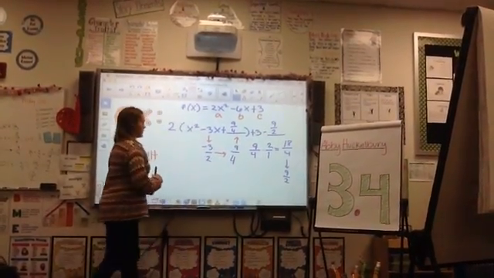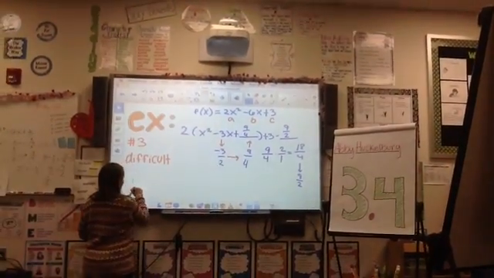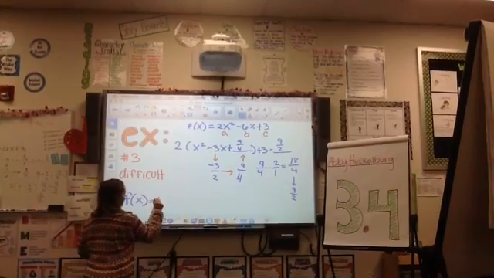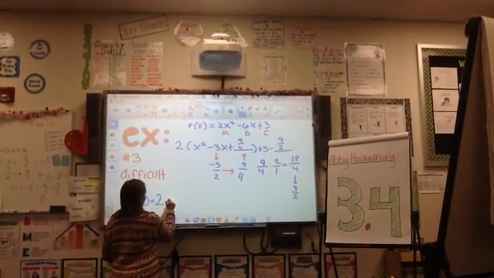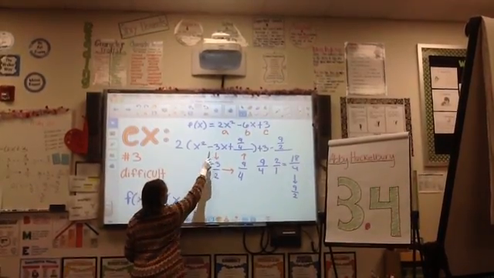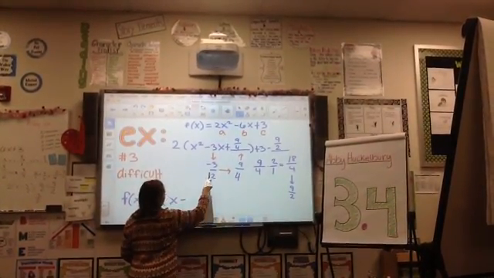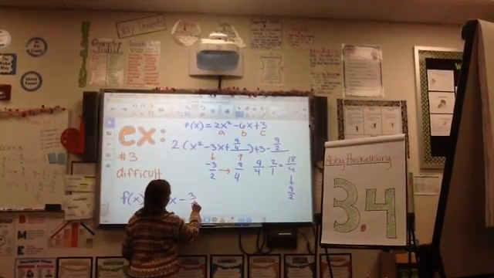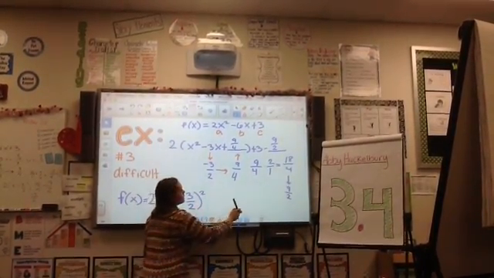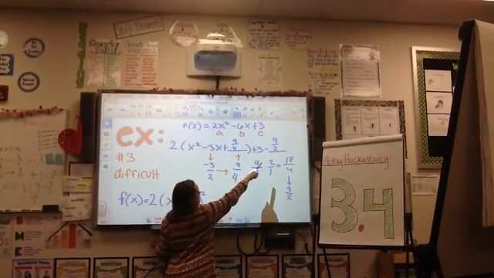Now we're ready to put it into vertex form. You leave the 2 out, take the square root of your first term, the sign from B, and the square root of your third term. Now we need to combine positive 3 and negative 9 halves.